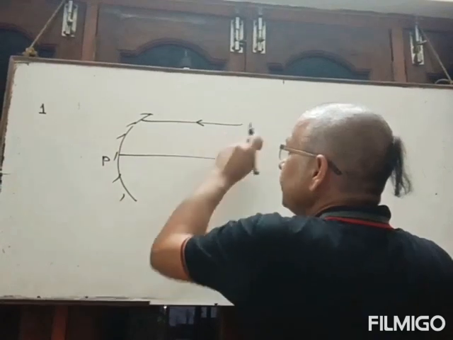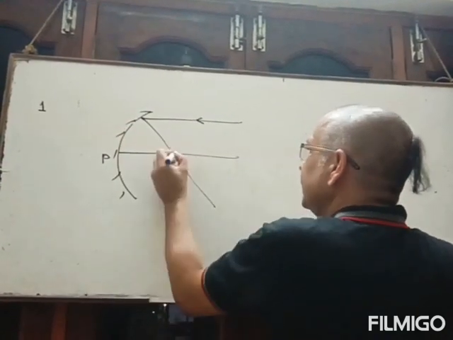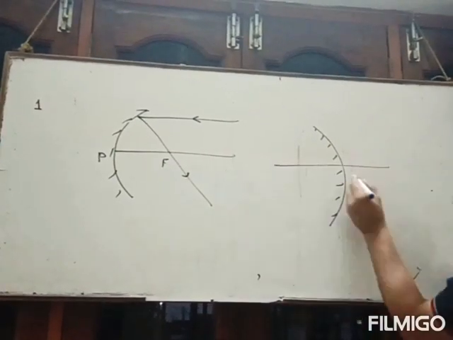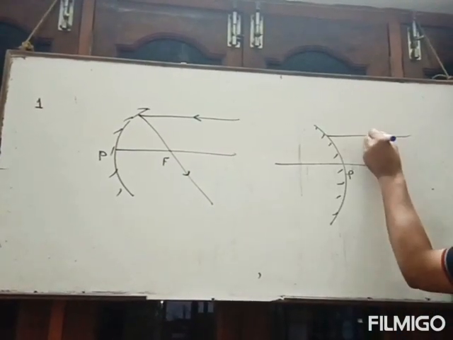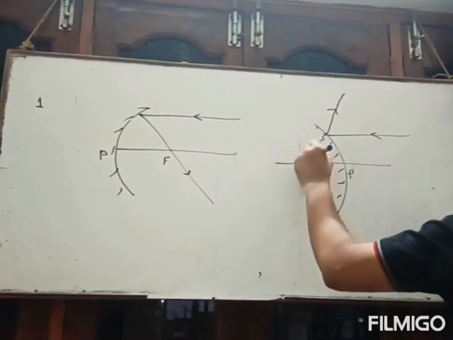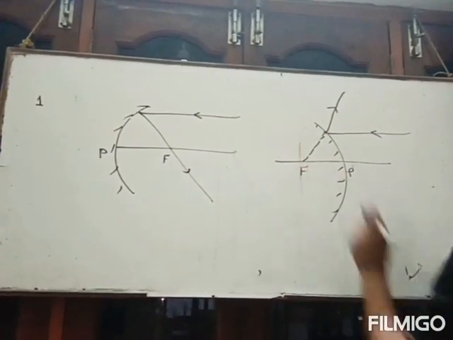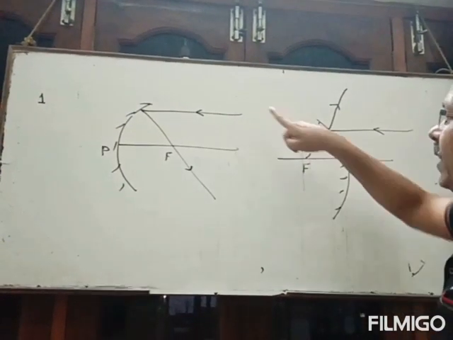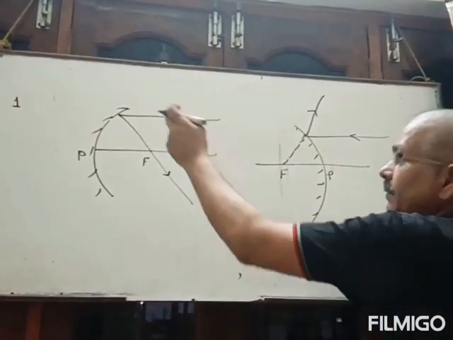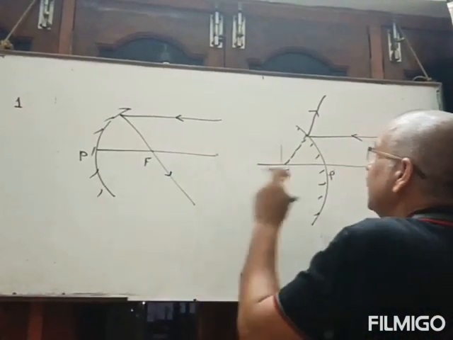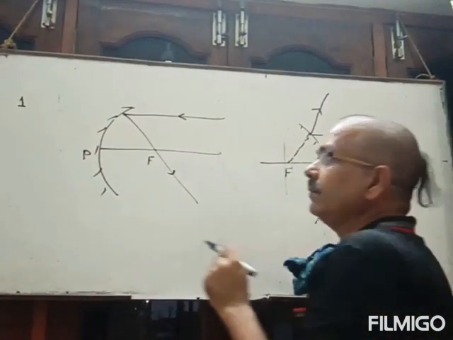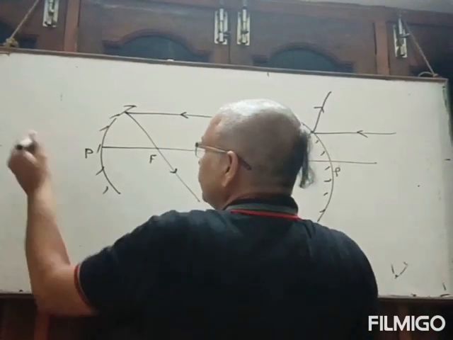As you know, when it is parallel to the principal axis, then certainly it passes through the focus. In convex, its nature is diverging, so it gets diverged, and when you extend it in the reverse direction, it appears to pass through the focus. So the first law: if a light ray is incident parallel to the principal axis, then after reflection it passes or appears to pass through the first focus. It is the first law of image formation.